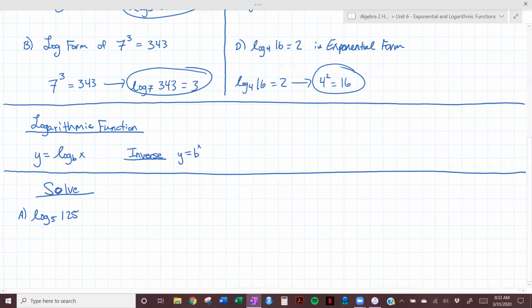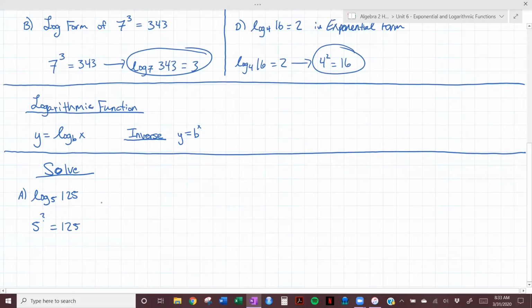The way to think about this is 5 to the what gives me 125. So the answer is 3 here, because 5 cubed gives me 125. So log base 5 of 125 equals 3.